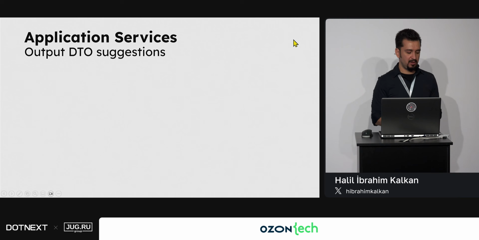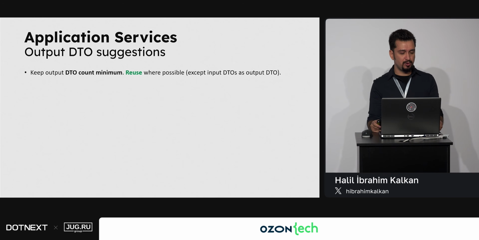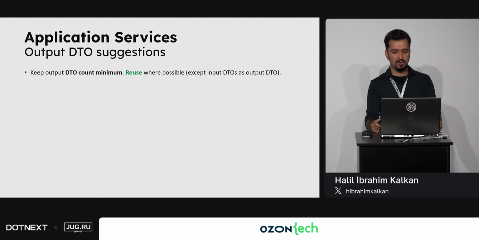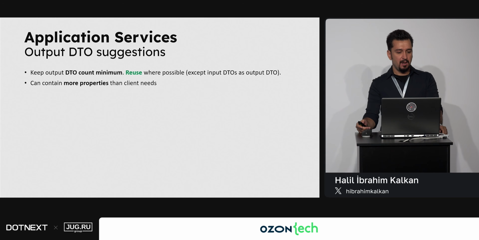For output DTOs, as opposed to input DTOs, it's best to keep the data transfer object count to a minimum and reuse where possible. Of course, we don't want to reuse an output DTO as an input DTO.